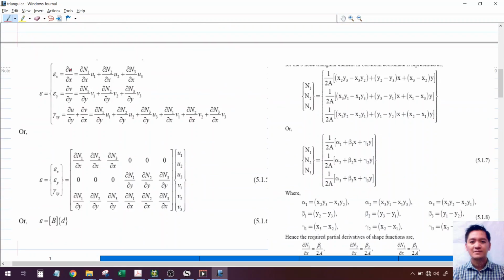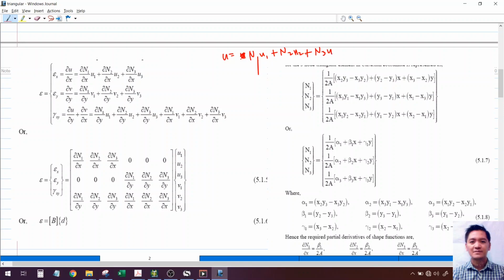Okay, but take note, our u, as I mentioned earlier, u is actually n1 u1 plus n2 u2 plus n3 u3, or in simple form ni ui, diba?